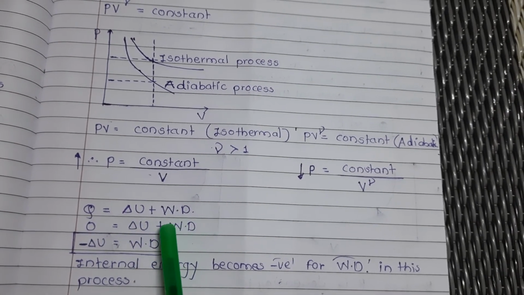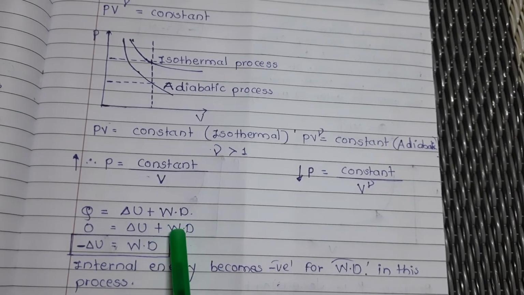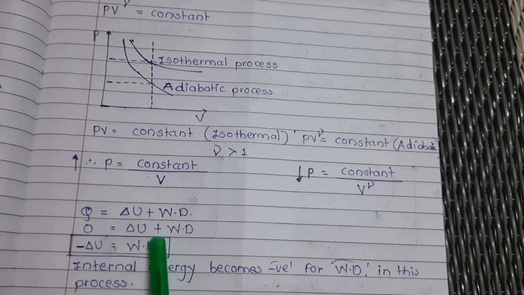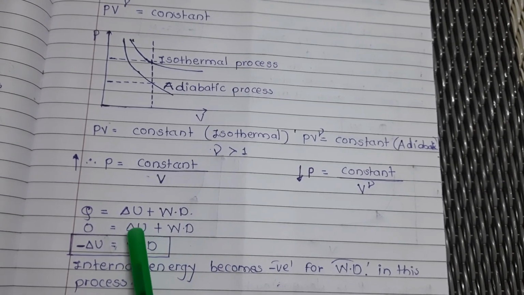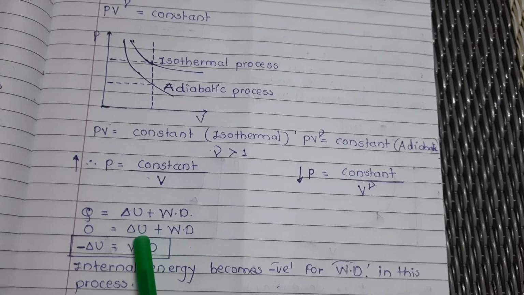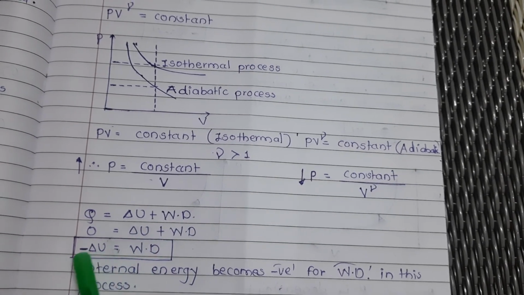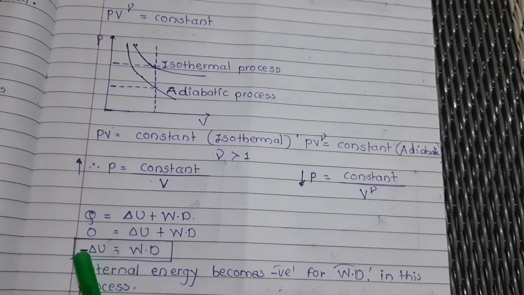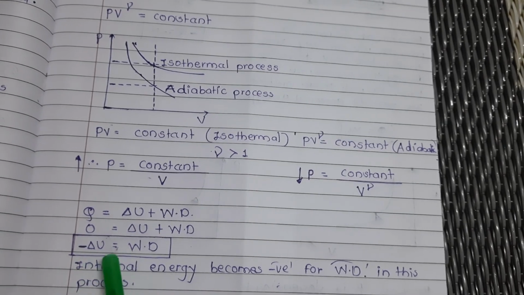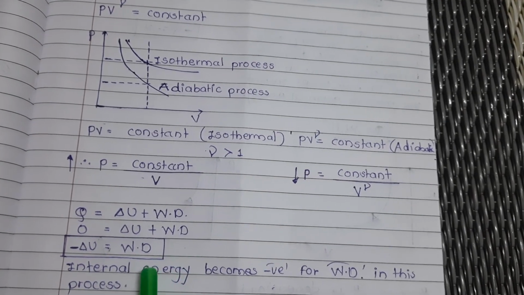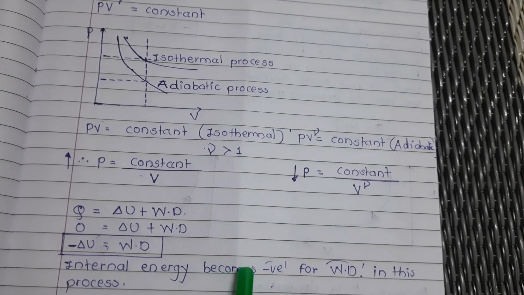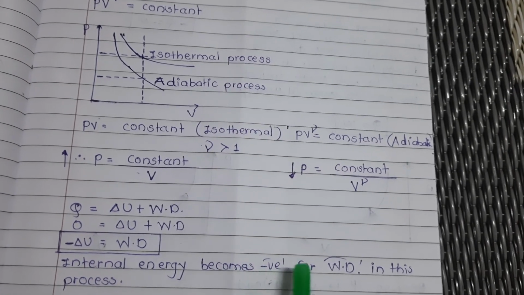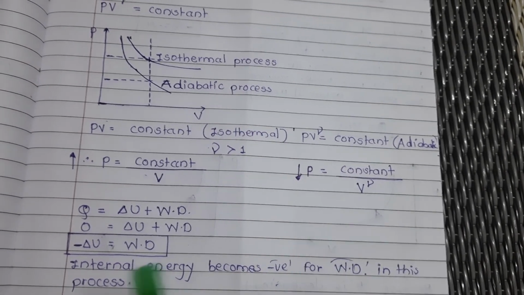Delta U plus work done remains. When we take this delta U to the other side, it becomes negative. Hence, we can say that the change in internal energy is negative of the work done in this process.